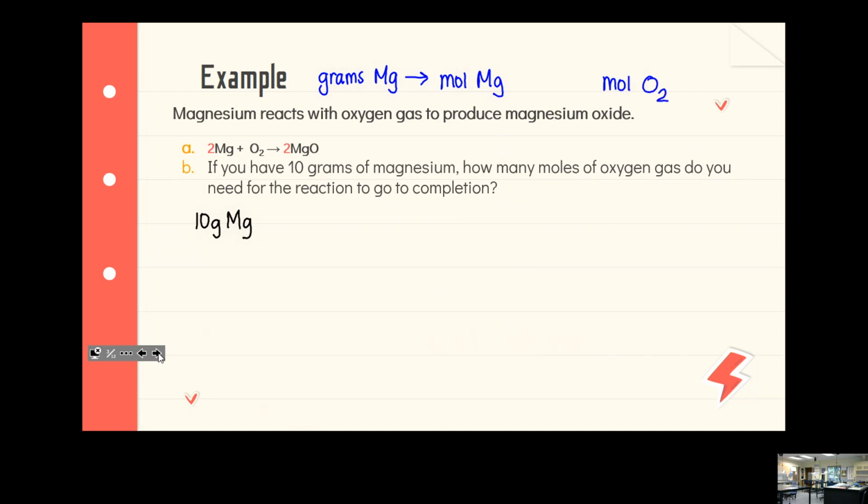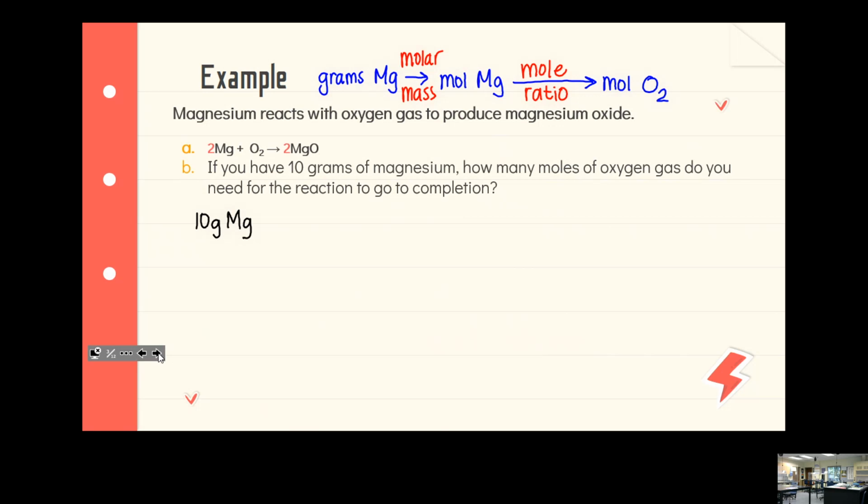Okay, now remember, in order to get from moles of one thing to moles of another, this is where we're going to utilize that mole ratio, that relationship between the two. And for my grams to moles, this is where we want to utilize our molar mass conversion.